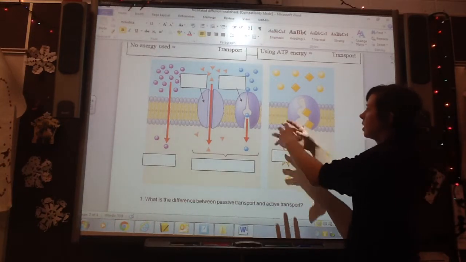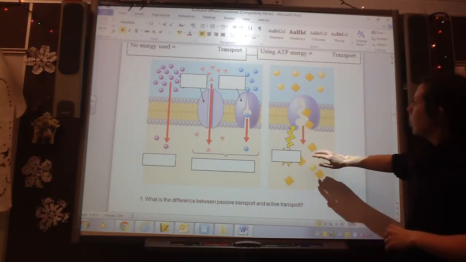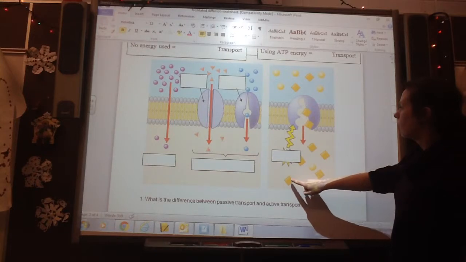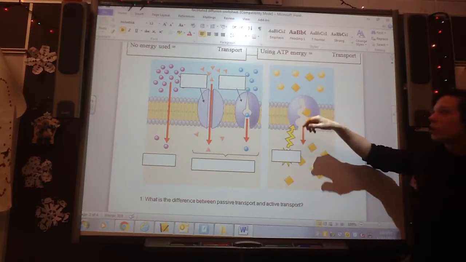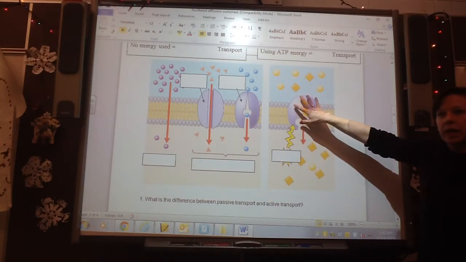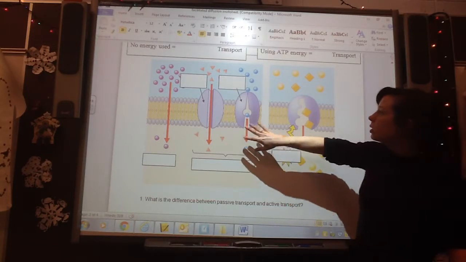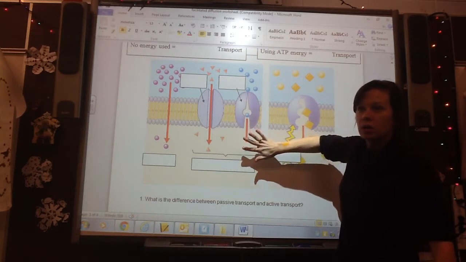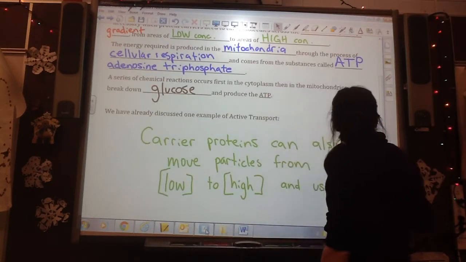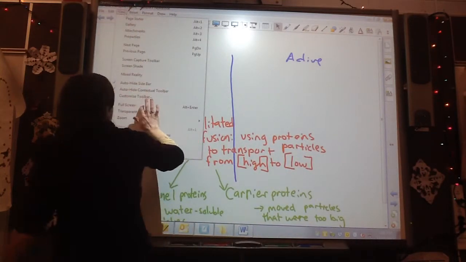So that takes it, moves it, takes it, moves it. Okay? But here's 1, 2 of these particles that it's transporting, and here's 1, 2, 3, 4, 5. And it keeps moving them here. So it's going from low to high. So this is going to be a carrier protein that is using an active transport because it's going from low to high. Whereas this one is going from high to low. Okay? All right. So let's go back to our summary sheet and now put down our one for active.